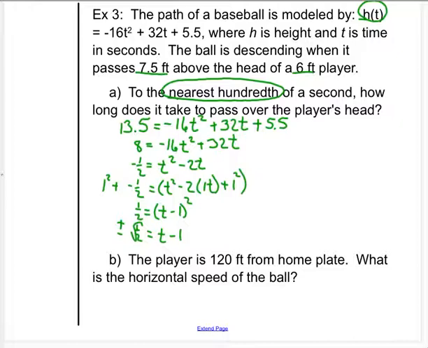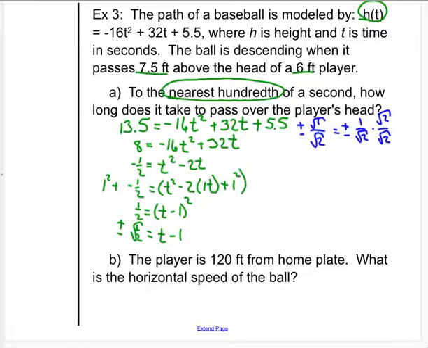So now I'm going to go out to the side here. We're going to rationalize the denominator for the square root of 1/2. Anytime you've got the square root of a fraction, you can take the square root of the numerator over the square root of the denominator. Well, the square root of 1 is 1, so this is positive or negative 1 over the square root of 2. To rationalize the denominator, you multiply by the radical that's in the denominator.